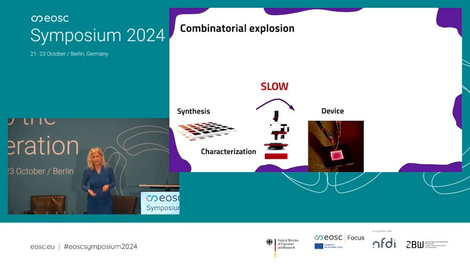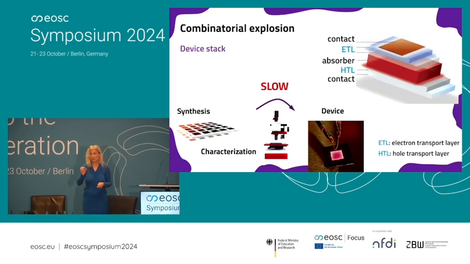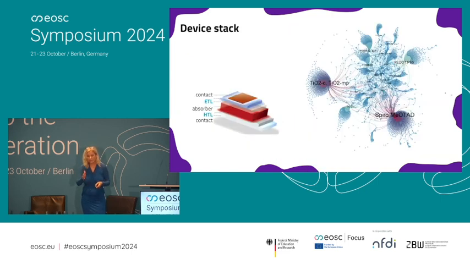So finally, let's go to the device. I'd like to emphasize here that the device is a very complicated thing. It not only concerns the solar absorber material, but there are other layers, for instance those layers that transport away the charges, which is very important, right? What you see here is a graph that shows a network of these solar cell materials.